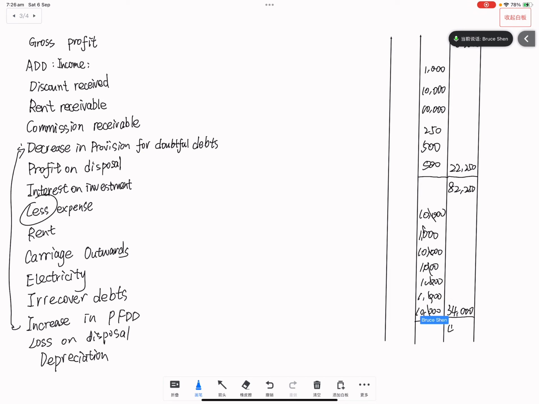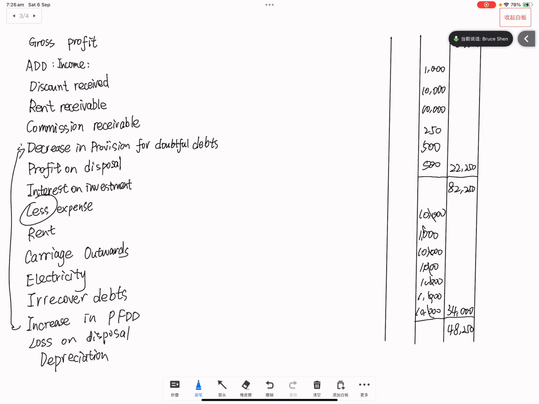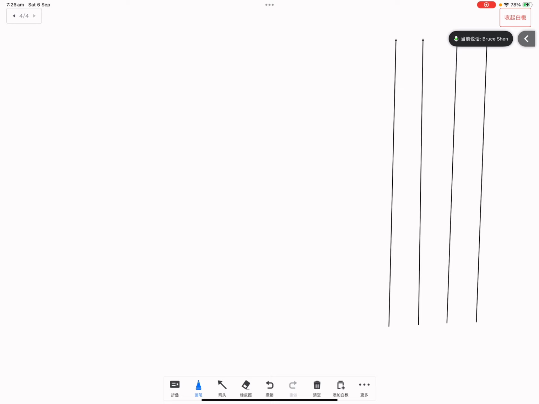This is the correct figure. But you see, I say but. We have 48,250. You see, I write profit, but it is not true. It is profit from operations. More clearly, it is a profit before interest and tax.